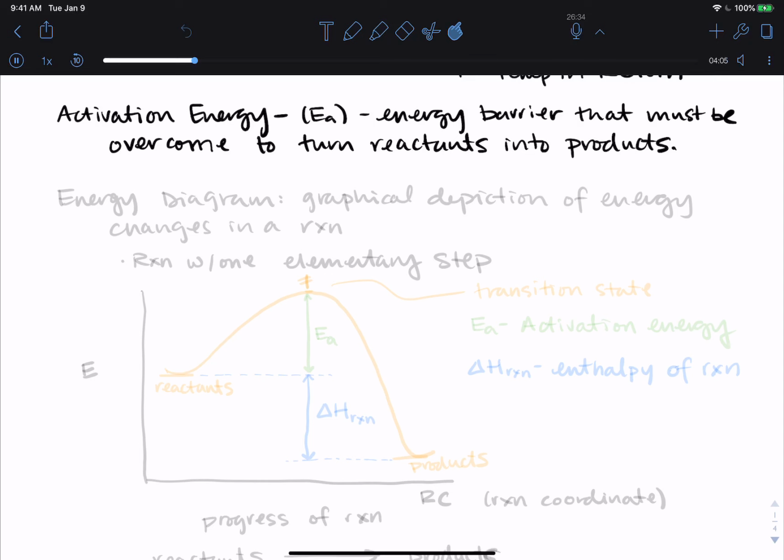So the best way to show this is on a plot called an energy diagram. And so this is just a graphical depiction of energy changes in a reaction.